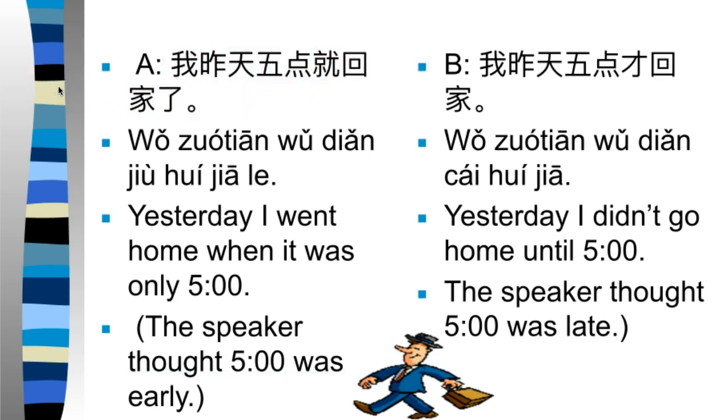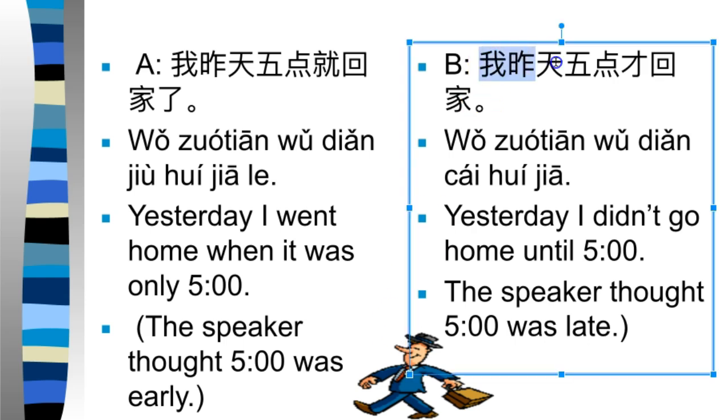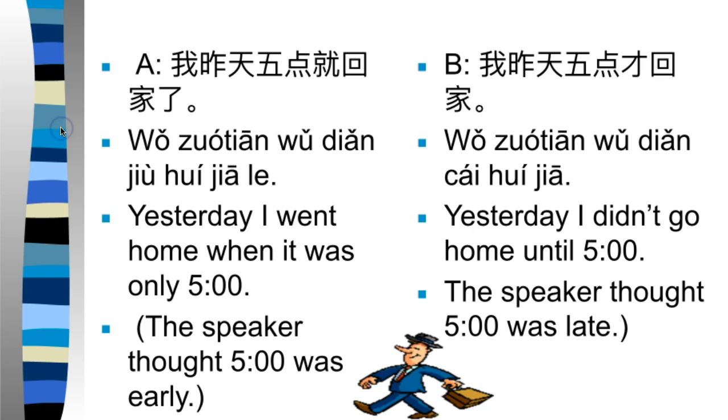I returned home earlier than I expected. 5点就回来了. Speaker B is returning home later than expected. Maybe he typically returns around 3 or 4. So he would say, 我昨天5点才回来. So lateness and earliness is kind of in the eye of the beholder. It all depends on each person and their expectations.